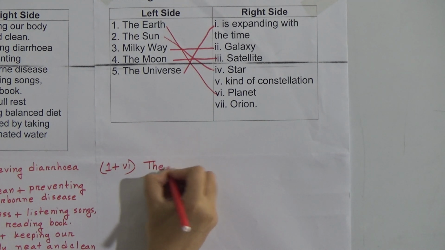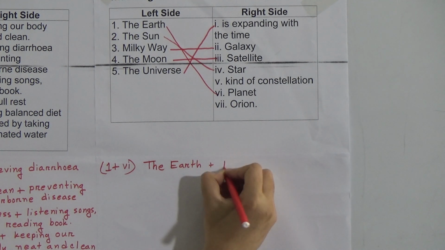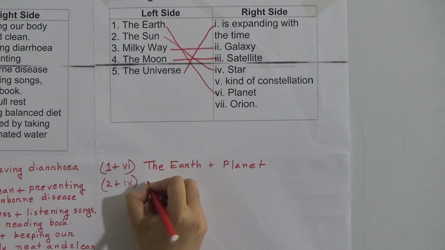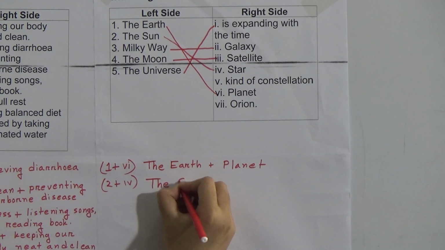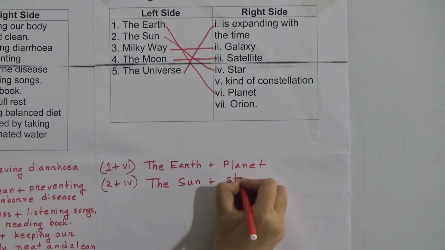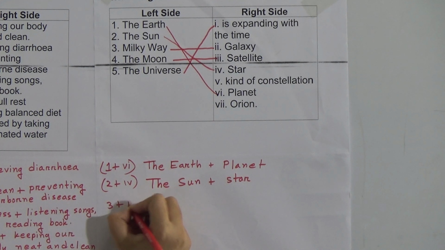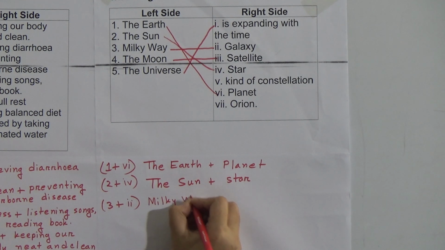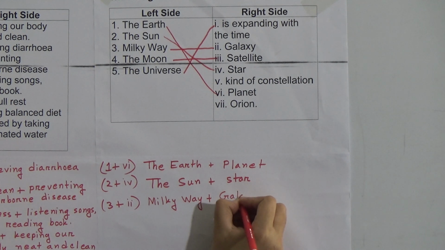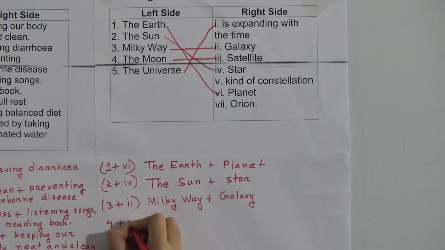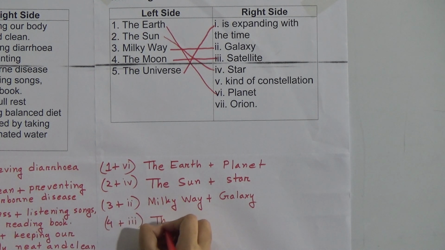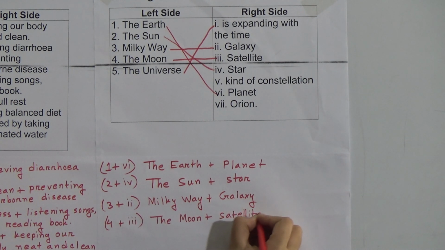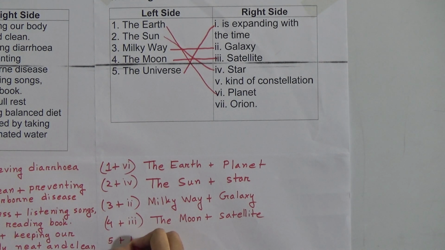In the left side here is the earth plus planet, and 2 plus 4, the sun plus star, and 3 plus Roman number 2, Milky Way plus galaxy, 4 plus Roman number 3, the moon plus satellite, 5, that means the last one, will be matched with Roman number 1.